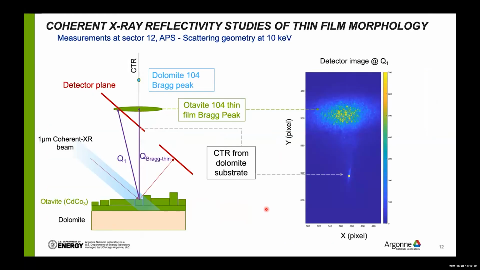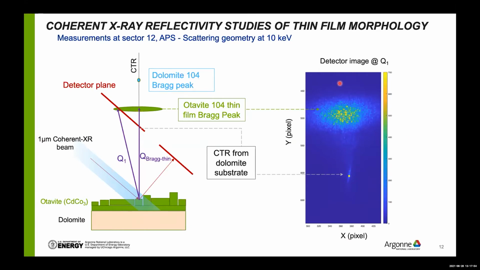So what can we learn with coherent X-rays about thin film morphology? Well, we have performed measurements at sector 12 at APS, where we used a micrometric coherent X-ray beam to illuminate an otavite film grown on dolomite. In this particular scattering geometry, the detector plane is intersecting simultaneously a section of the thin film Bragg peak and of the crystal truncation rod arising from the scattering of the interface between the film and the dolomite substrate.